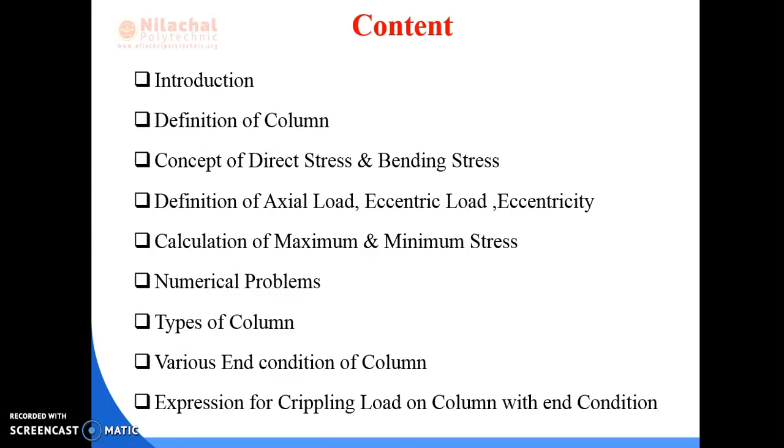Introduction, column, concept of direct stress and bending stress, definition of axial load, eccentricity, effect of eccentric load and axial load to calculate maximum and minimum stress, numerical problems related to maximum and minimum stress produced in a column, types of column, different end conditions of the column, and definition of buckling load and crippling load in case of different end conditions of the column.